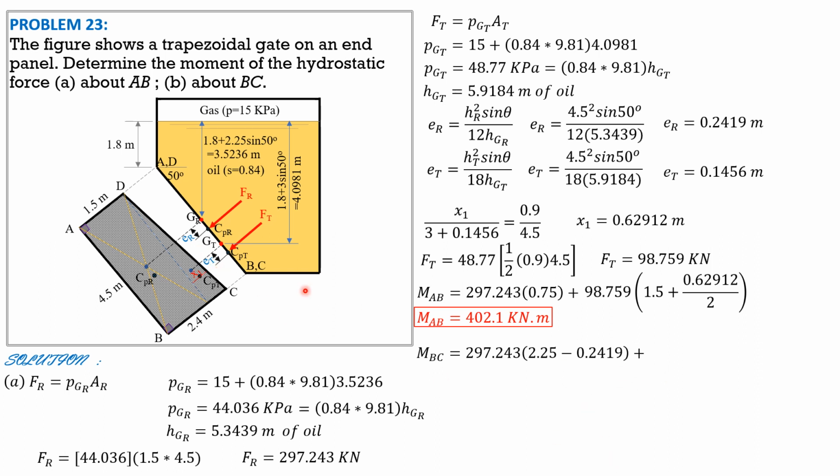So therefore, the moment arm of F triangle is, again, the distance of the centroid of the triangle to B, 1/3 of 4.5, so 1.5, then minus eD, because FT is closer to B. So plus 98.759 times quantity 1.5 minus 0.1456. So MBC is equal to 730.7 kilonewton meter. So that's it for this problem.